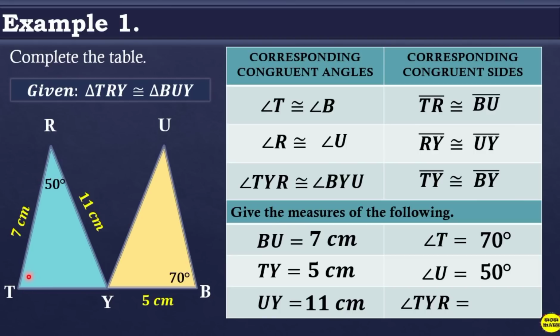Then 70 plus 50, you may apply the triangle sum theorem to get angle TYR. 70 plus 50 is 120. 180 minus 120 is 60 degrees. Therefore, your angle TYR is equal to 60 degrees. This is also 60 degrees, your angle BYU.